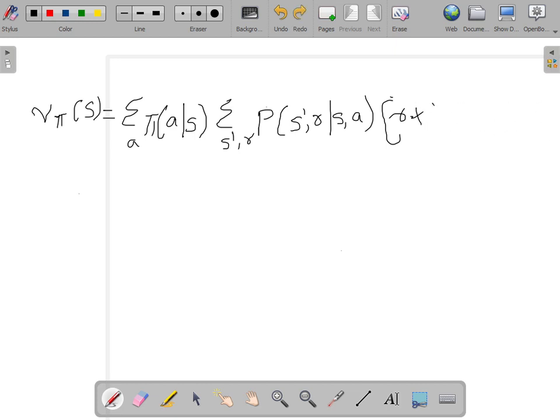Gamma is the discount factor, and here v pi of s dash.